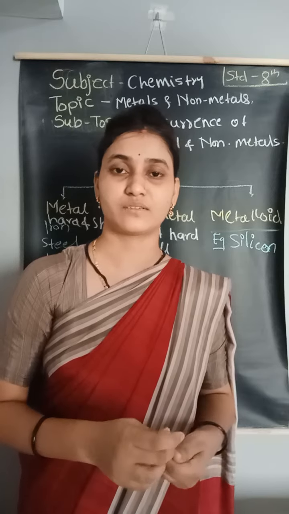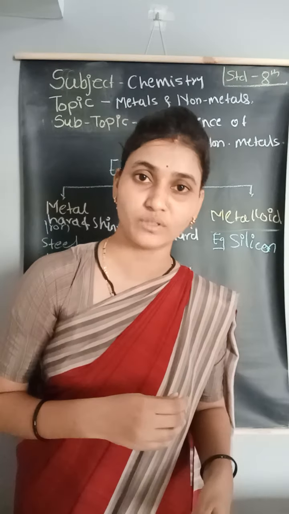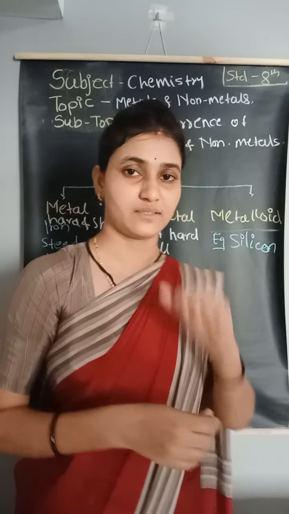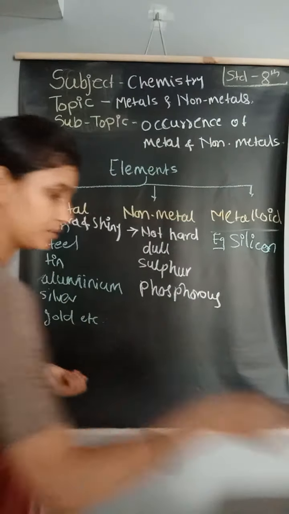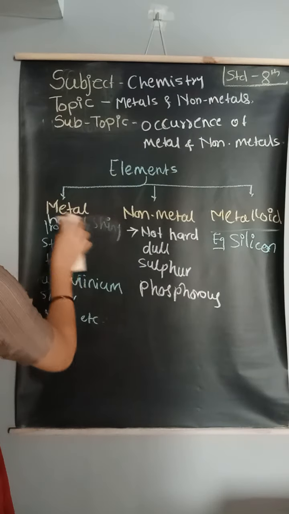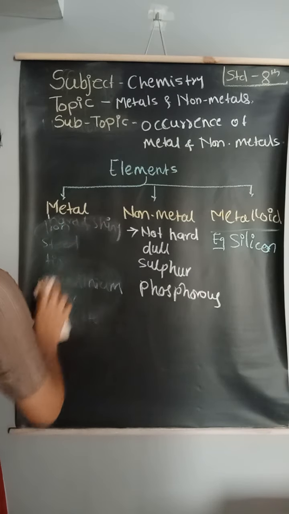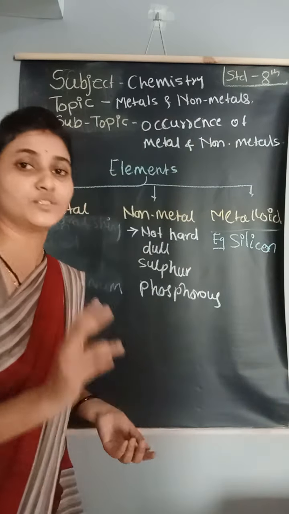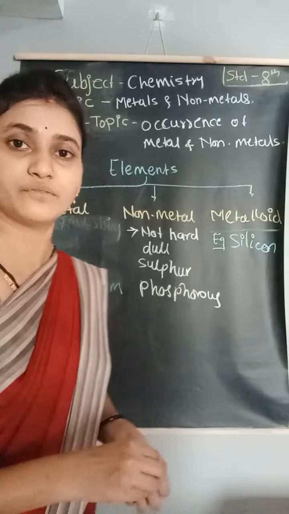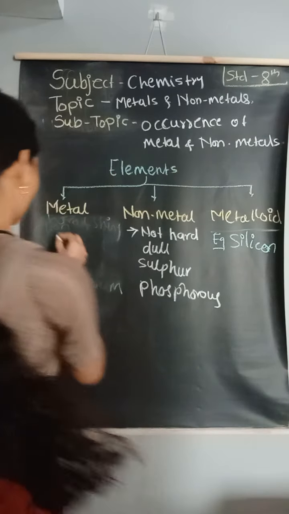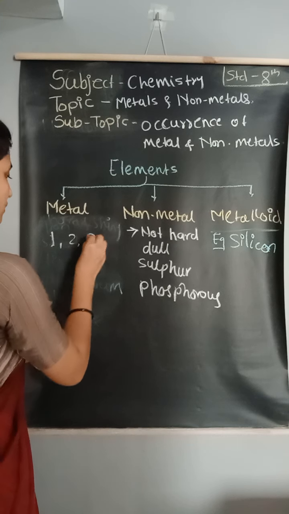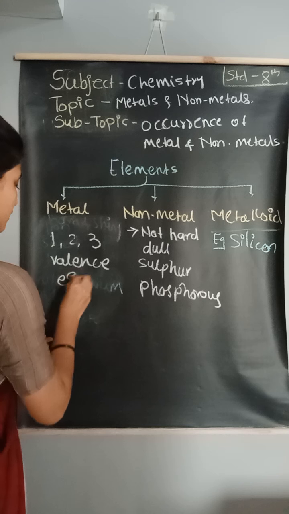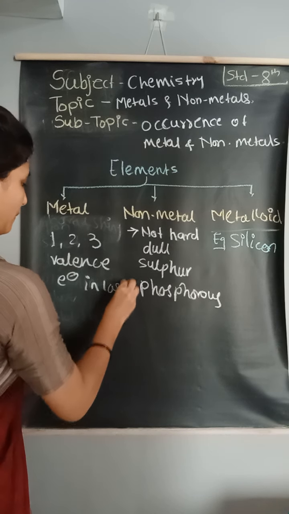By giving electrons, they form positively charged ions. Metals have 1, 2 or 3 valence electrons in the last shell.